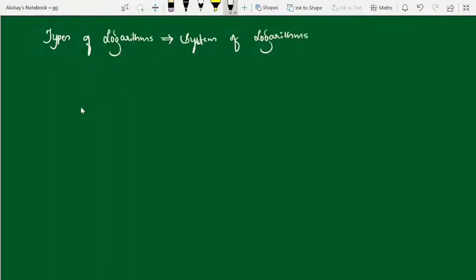How many types do we have? We have two different types. The first one is known as common logarithm, and the second one we have is natural logarithm.